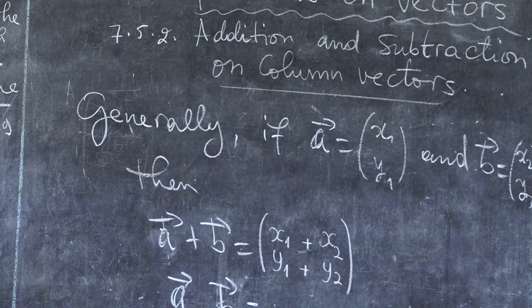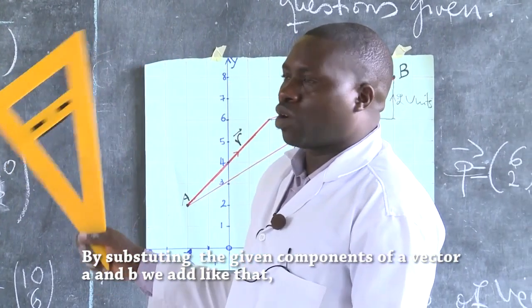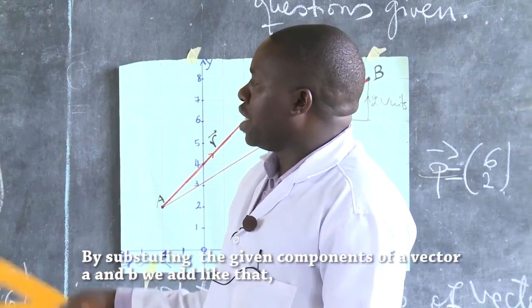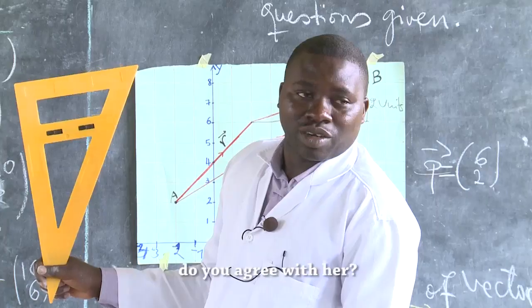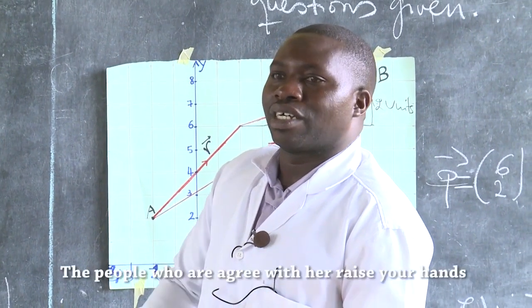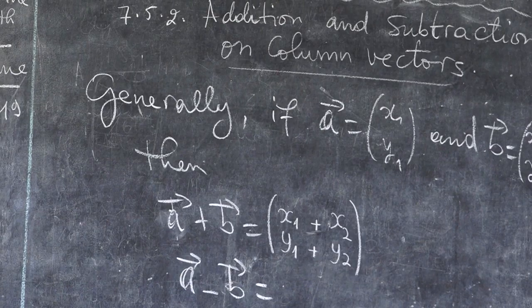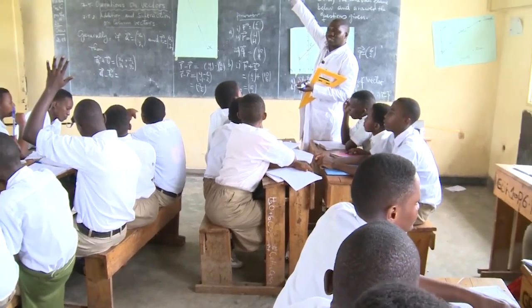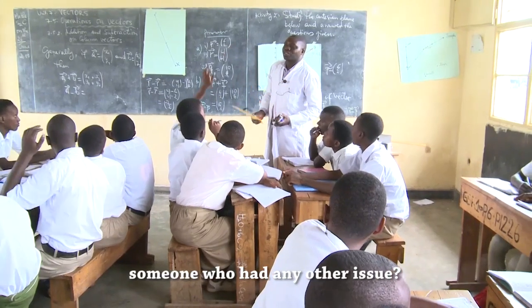By substituting the given components of vectors A and B, we subtract like that. Is it true? Yes. Do you agree with her? The people who agree with her, raise your hands. Does someone have any other issue?